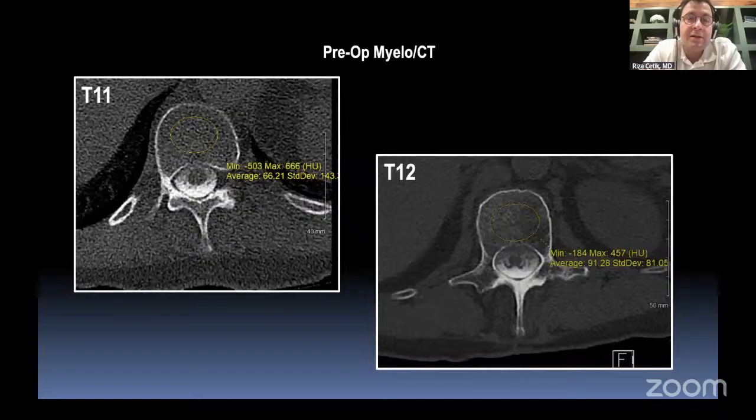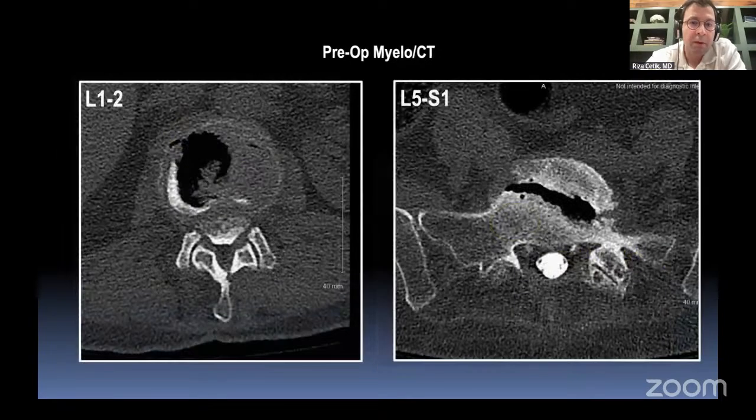And we see this discrepancy very often. There's probably not a very good answer to why this happens, but we see this quite often in our clinic. These are more cuts from her CT scans.